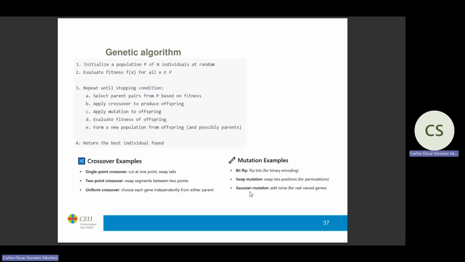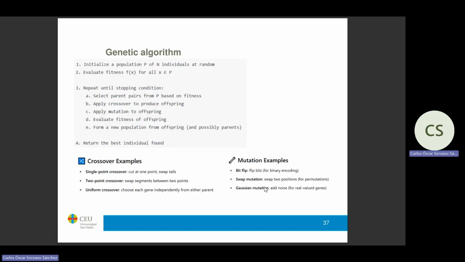And then the mutation examples. If you have a binary problem, you simply flip one of the bits at random with a given probability, for instance 0.1. So you scan the whole genome, the whole chromosome, and then you flip the bits with probability 0.1.